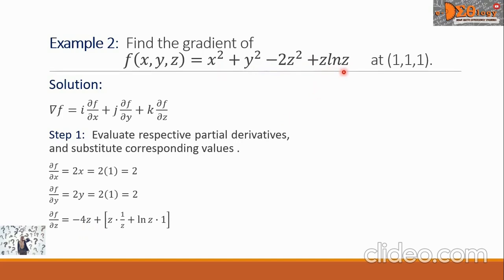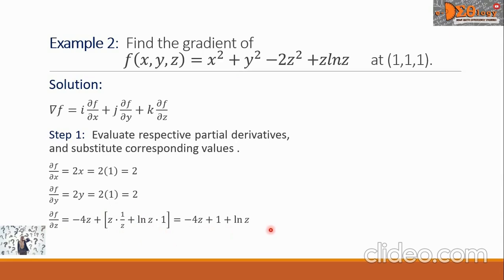This is a product, so let us apply the product formula. We copy the z multiplied by derivative of ln z, that is 1 over z, plus we copy ln z times derivative of z, that is 1. Simplifying further, we have now negative 4z plus this value here, which is equal to 1 plus ln z.